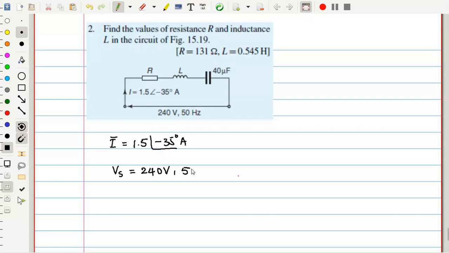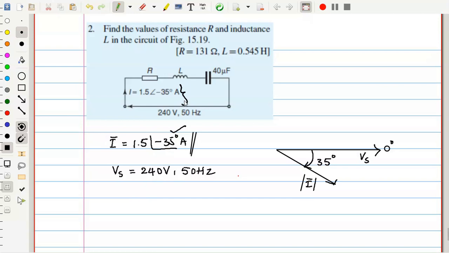Here you have to understand something clearly: somebody told that this is the current, its angle is minus 35 degrees. What it means is that with respect to voltage, this is the angle. The voltage Vs is at 0, then the current is at an angle of minus 35. That is the meaning. This is 35 degrees, this is the current phasor, and this is Vs. In this problem they did not talk about whether the voltage is the reference or not, but simply gave the current angle.